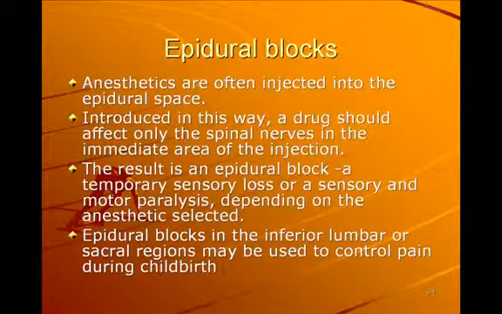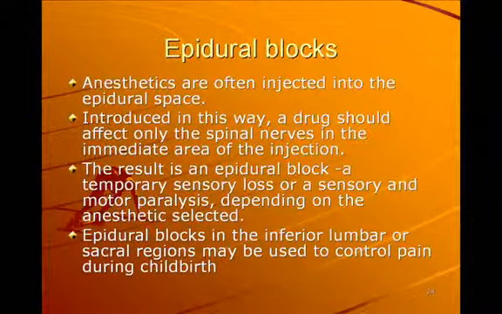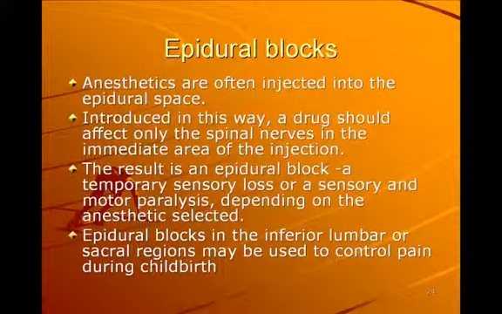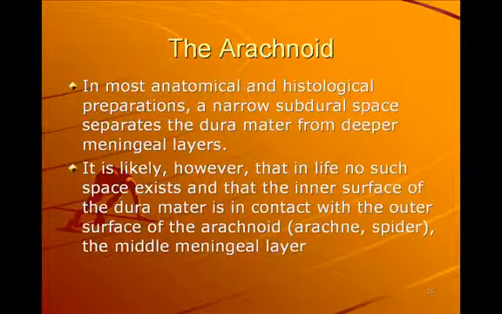Epidural blocks in the inferior lumbar area or sacral area may also be used to control pain during childbirth. Thus, epidural steroid injections can be used targeting an anesthetic and a steroid medicine which decreases inflammation to control back pain, or in a larger volume of anesthetic can be used to control pain during childbirth.